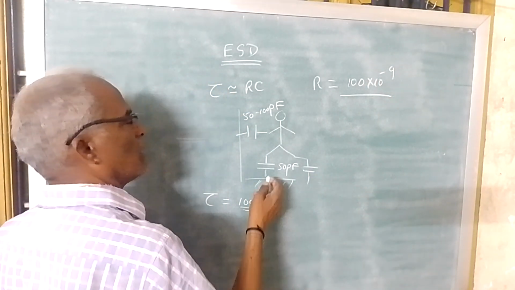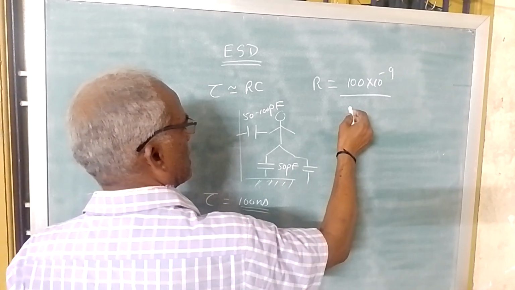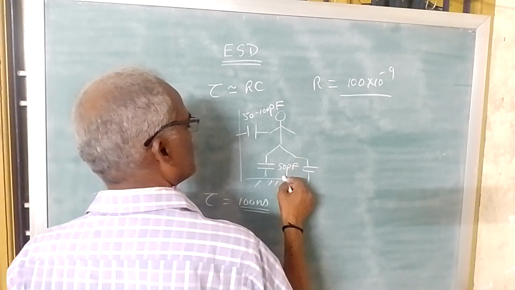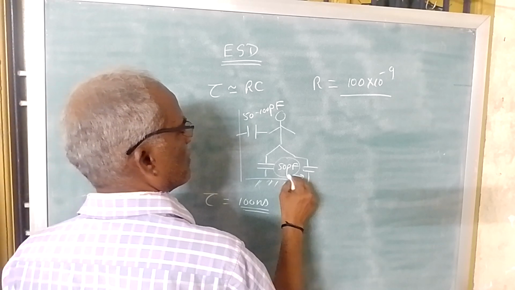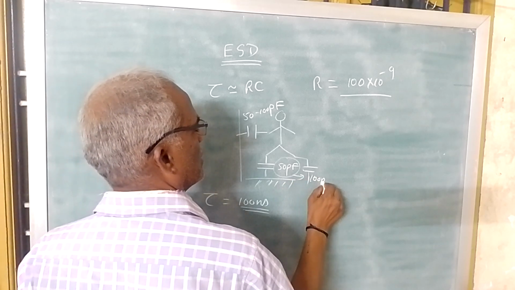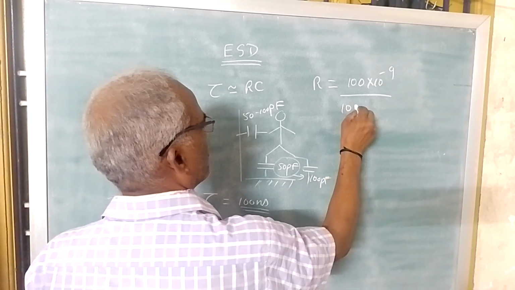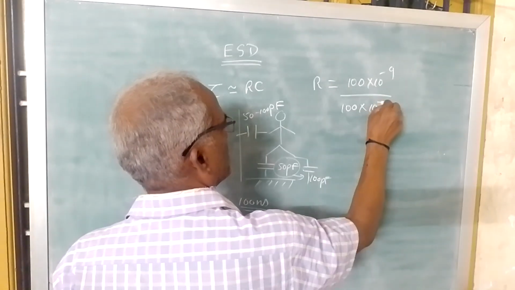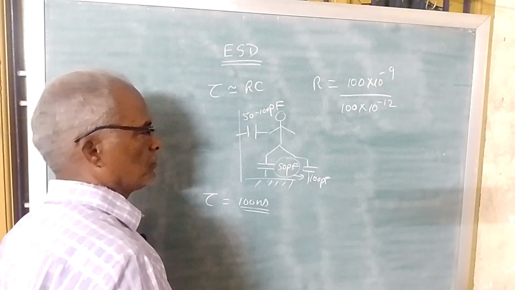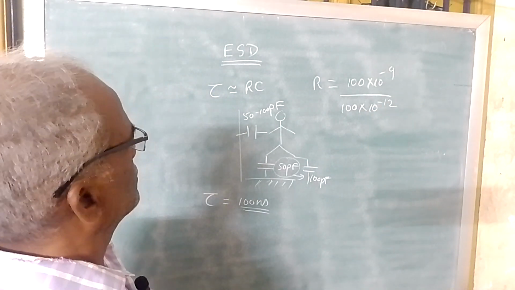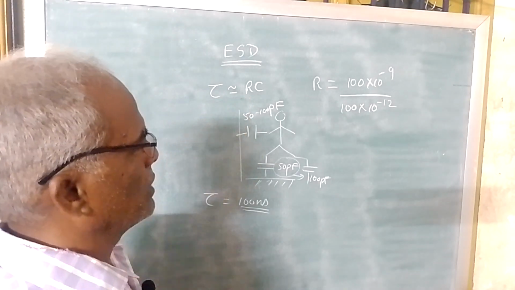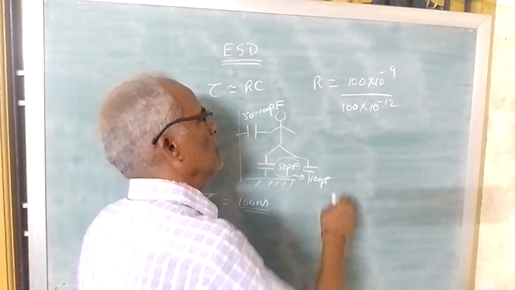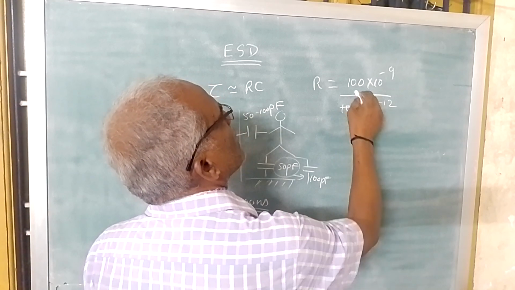And we will assume C ranges from 50 to 100 picofarad. If I take 100 picofarad, which is 10 power minus 12, then R is equal to tau by C. So 100 picofarad, so these two will get cancelled.